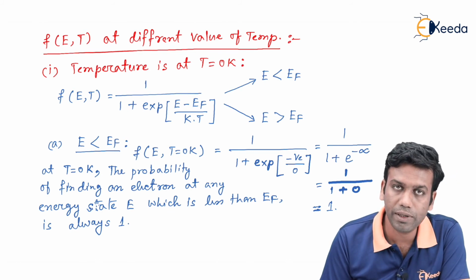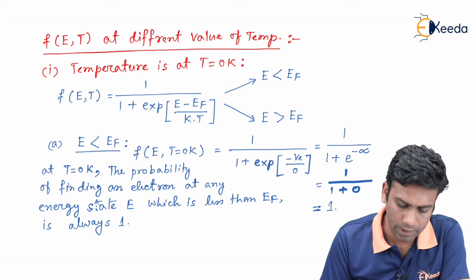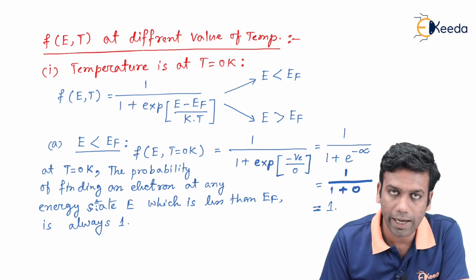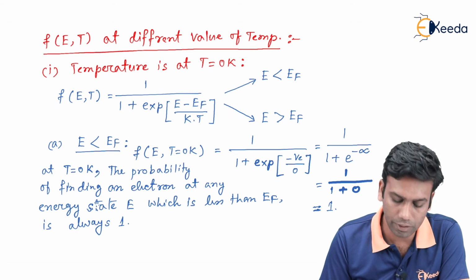That means we will get an electron surely at that energy level which is less than the Fermi level at temperature equals to 0 K.